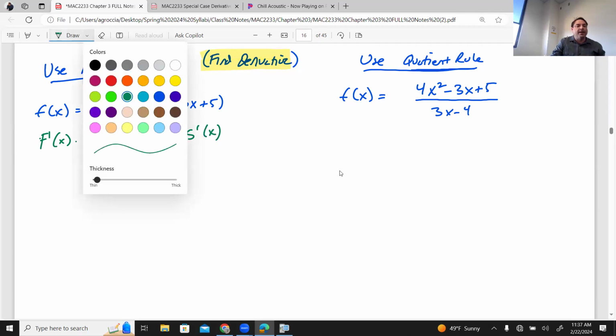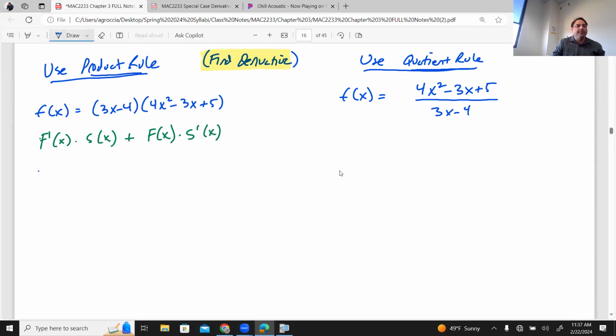So if I work that out nice and slowly and carefully, the derivative of the first one would be 3 times the original second one, x squared minus 3x plus 5, plus original first one, 3x minus 4 times the derivative of the second one, which is 8x minus 3. Stop there. If you got that correct, you got product, okay?